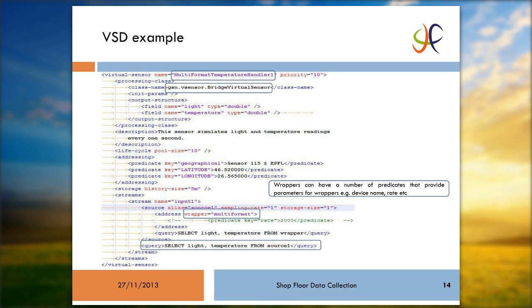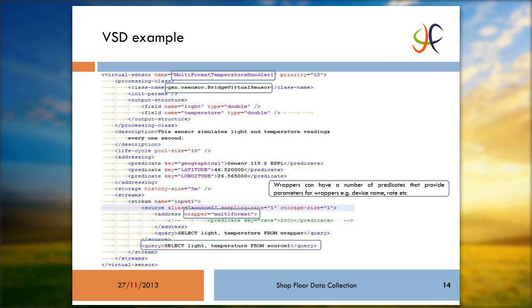And then there will be streams, and when you define this stream, there will be the address where you define the wrapper that will be used for collecting the data. Each wrapper can have a number of predicates.